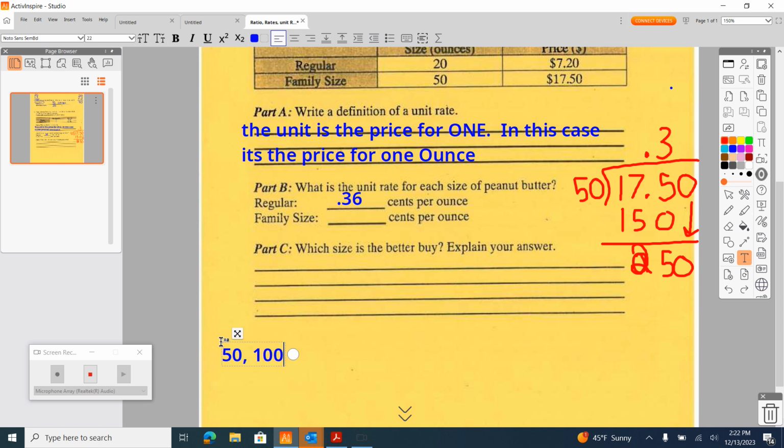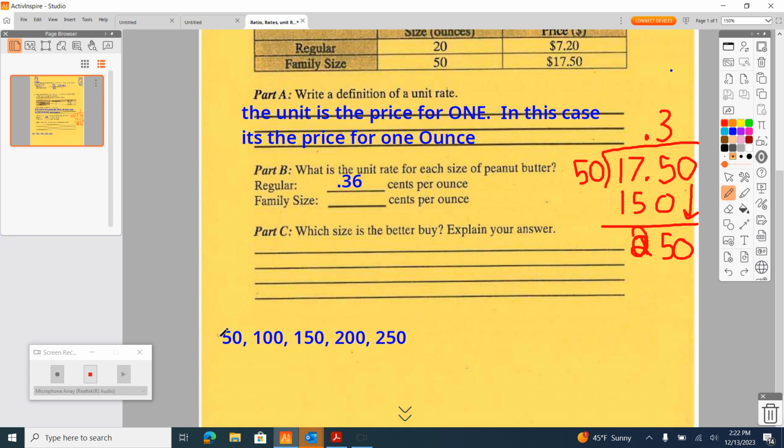Then it's 150. Then it's 200. Then it's 250. So I'm doing guess and check down here. I'm going to say this would be 50 times 1, 50 times 2, 50 times 3, 50 times 4, 50 times 5. So my guess and check told me to use 5. 5 times 0 is 0. 5 times 5 is 25. 250 minus 250 is 0.